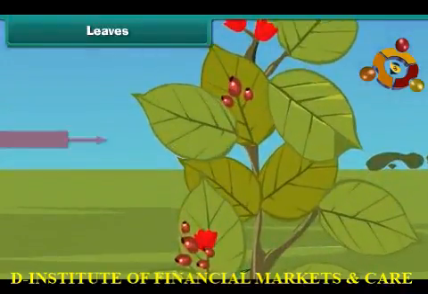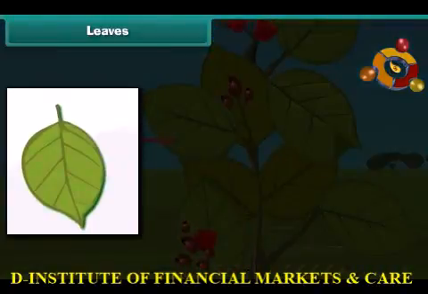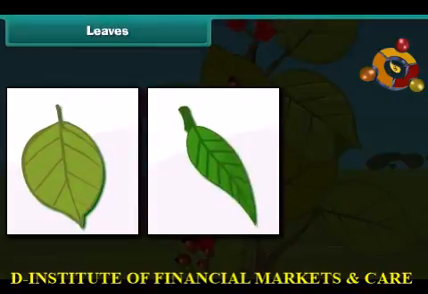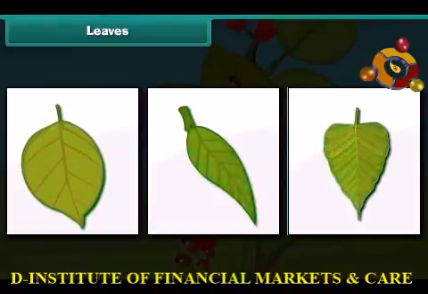Next part of the plant is leaf. It is the green part of the plant that is borne on the stem. Leaves are of different shapes. Some are round, some are long, and some are triangular. The edge of a leaf is known as margin, and margins are also different, like their shapes.